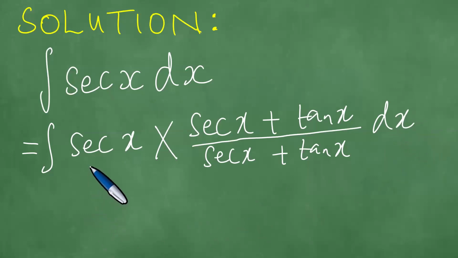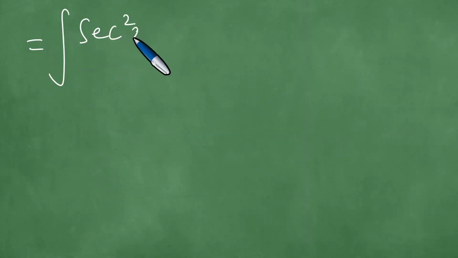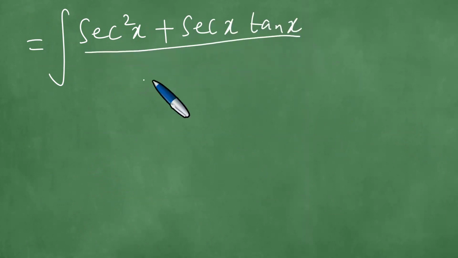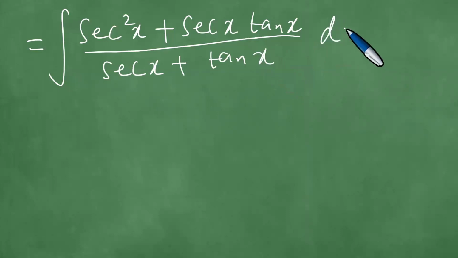Now multiplying the top, the secant of x times the secant of x is the secant squared, and the secant times the tangent is the secant tangent. So this then equals the secant squared of x plus the secant of x tangent of x, divided by the secant of x plus the tangent of x, dx.